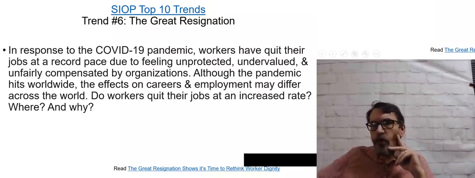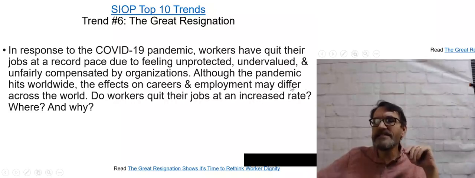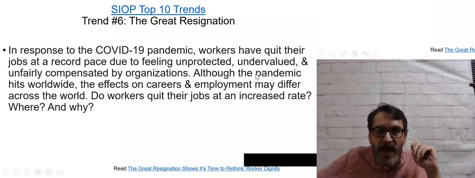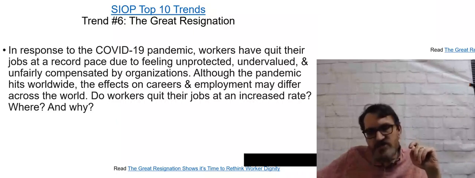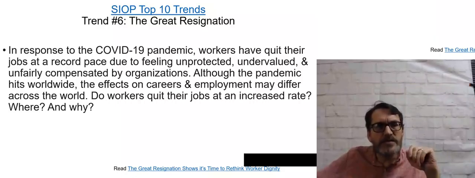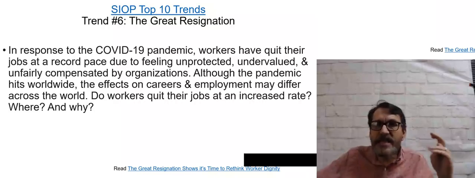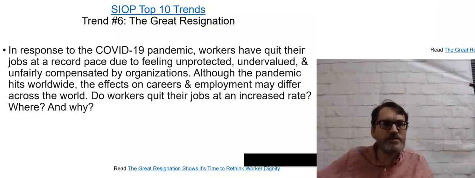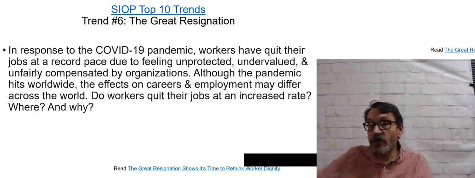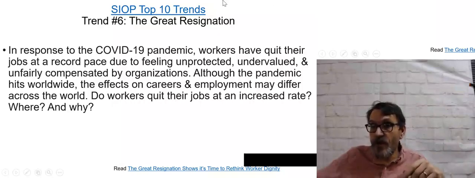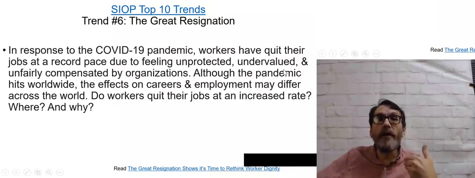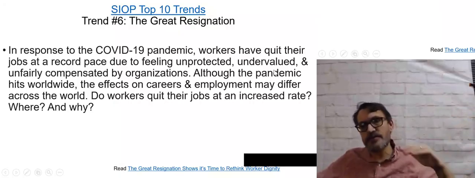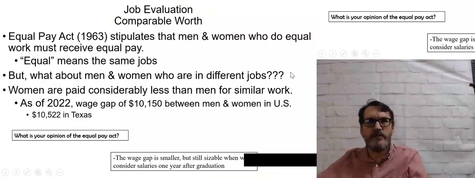Workers quit their jobs at a record pace because they felt unprotected, especially essential workers in places like grocery stores, because their organization was not doing enough to keep them from harm. They quit at increased rates because what they felt was a compensable factor was not equal to what the organization thought was a compensable factor.